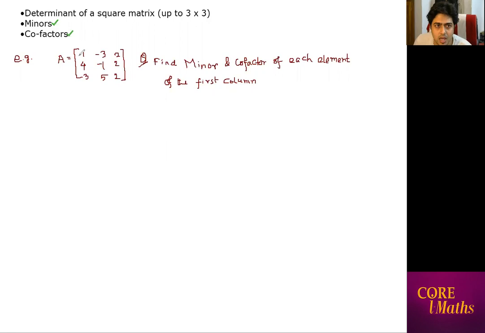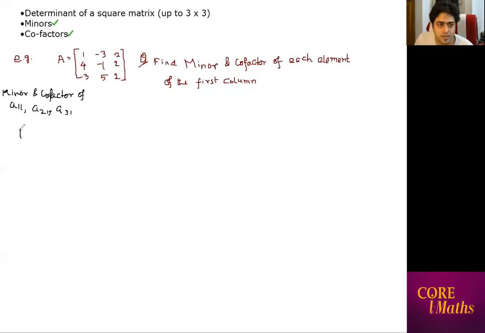That is A11, the value of A11 is 1, A21, that is 4, and A31. So first you have to identify your requirements. You have to find the minor and cofactor of A11, A21 and A31.